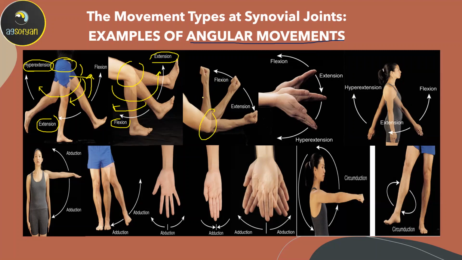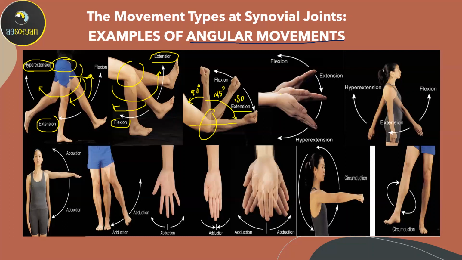Flex your elbow to lower the degree, maybe from 145 degrees to only 90 degrees. This is flexion. If you increase it from 90 to, for example, 180 degrees, a straight line, then the movement is called extension.